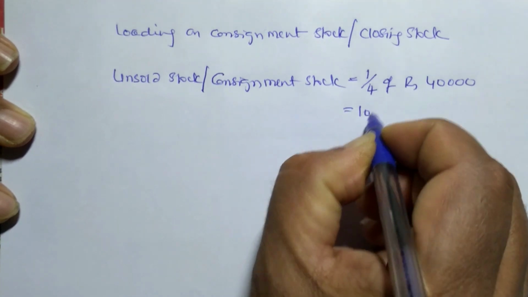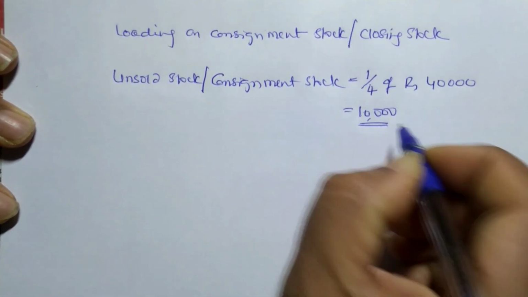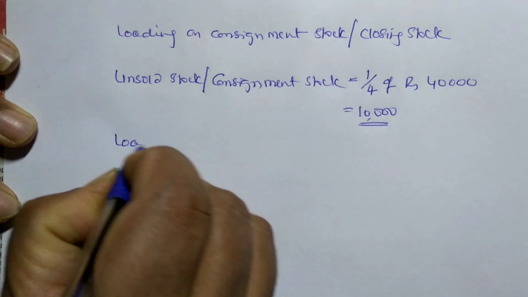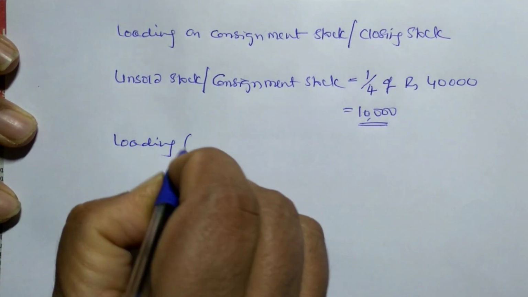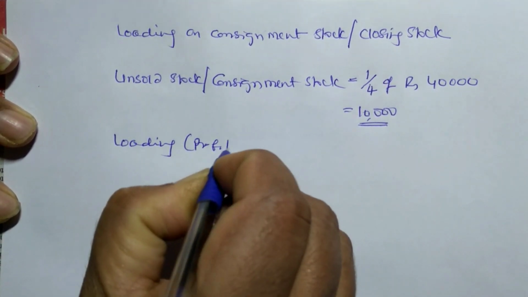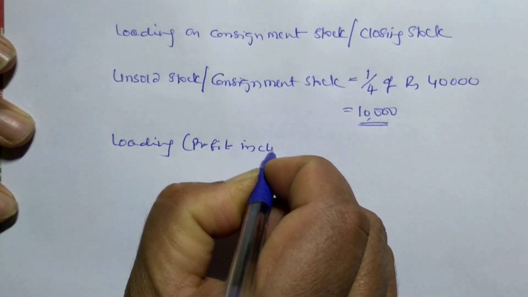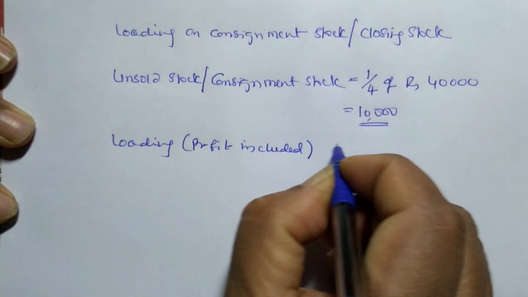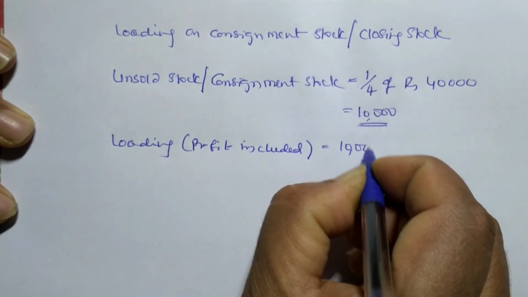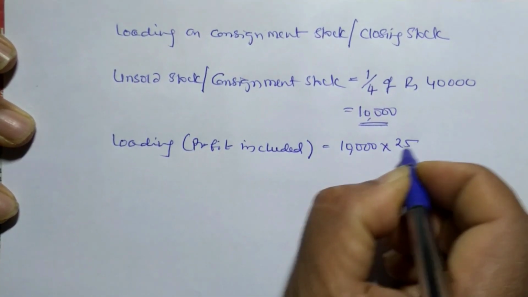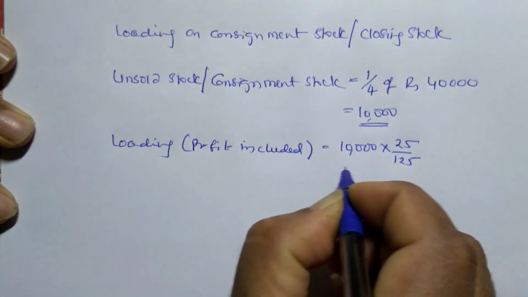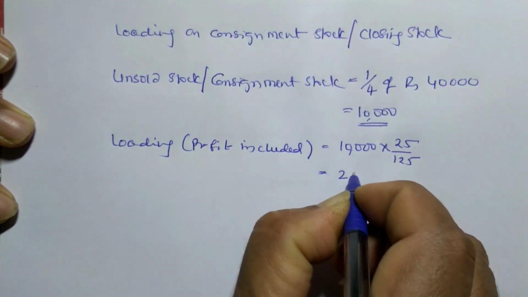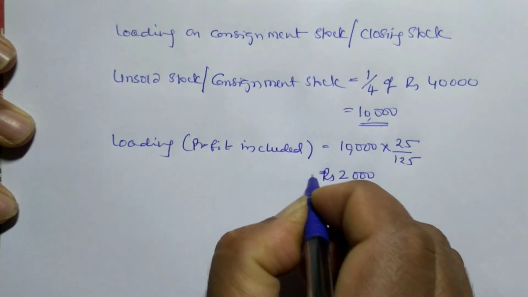That is 10,000. On this 10,000, loading, which means profit included, is equal to 10,000 into 25 by 125. This is equal to 2,000 rupees.